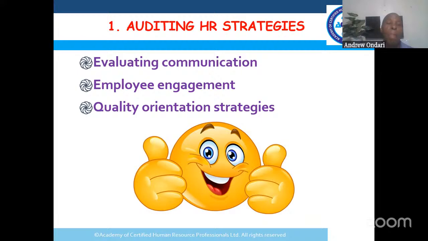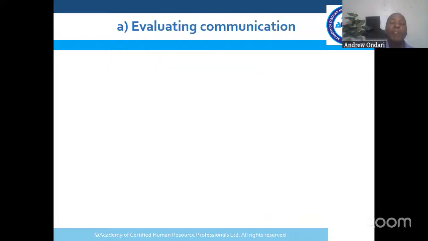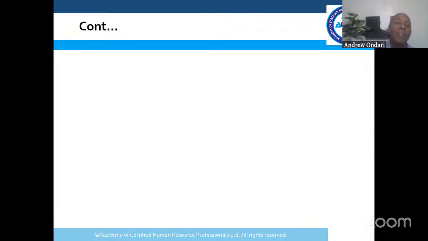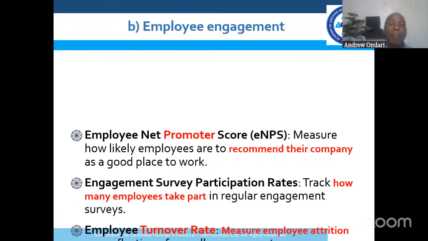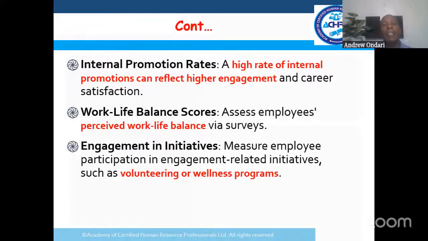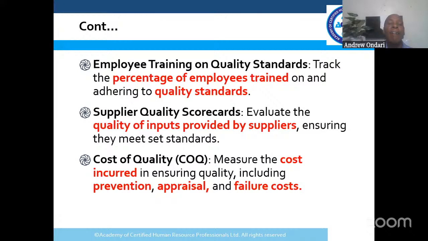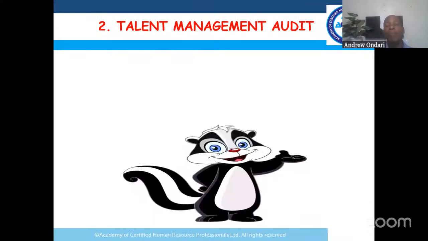Thank you. So we move on to the second part of our presentation, and that is talent management. I believe many of us are familiar with the image I've projected there. What does it remind us of?